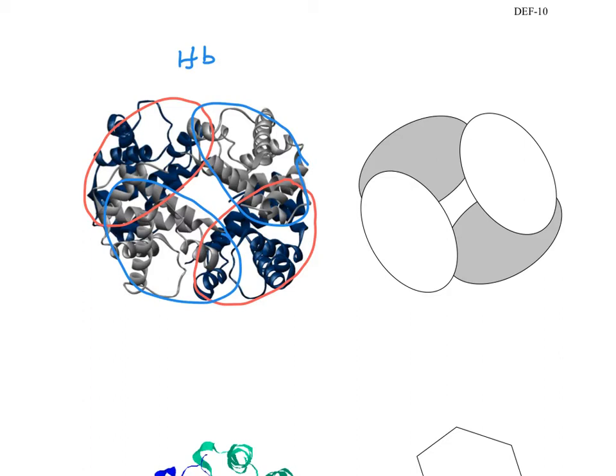And at this point, I would like to give you 2 different nomenclatures for quaternary structure. The first one is basically a word description of this. First of all, we're going to call hemoglobin a tetramer. And what that means is 4 subunits.